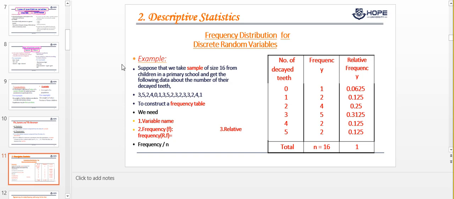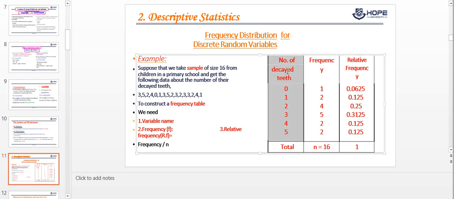The variable name is the name of the numbers of decayed teeth, the number of decayed teeth that children have. We can also call it the class interval.